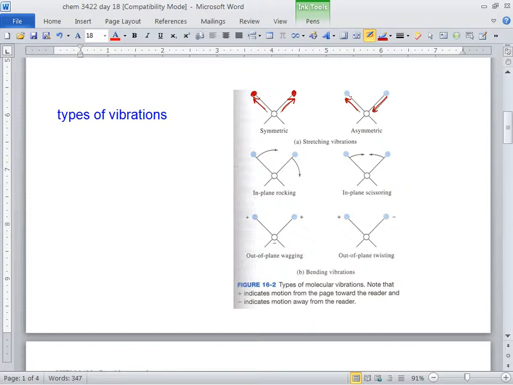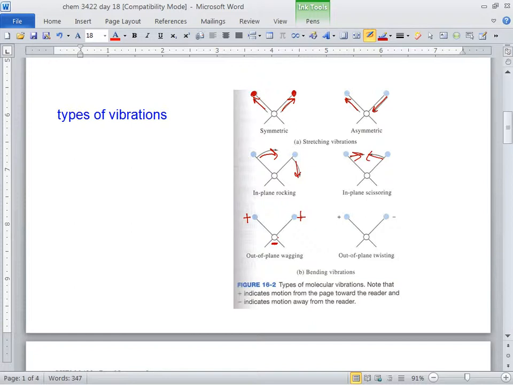And then you've got all these different bending vibrations, right? They're both going down this way, in-plane rocking, in-plane scissoring, right? Out-of-plane wagging. What does that mean? What's this plus and plus mean, and minus? A hint is the in-plane rocking and in-plane scissoring, how they're just kind of going like this in the same plane.